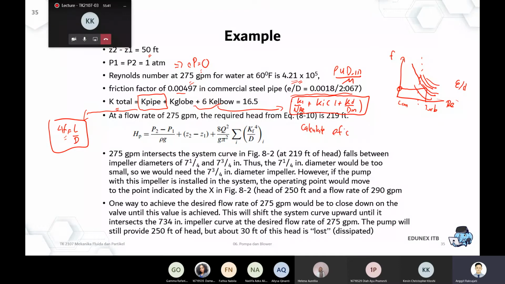But if you want to calculate in head, that means you directly calculate in feet. So make sure that everything is divided by rho g, and you can see that's all directly delta Z. The unit must already be in feet, so it's consistent with the head calculated in feet.